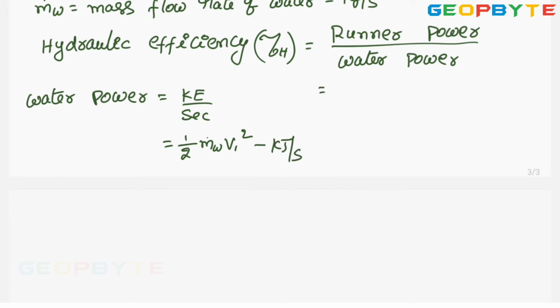Now the runner power, mass flow rate of water into VW1 plus or minus VW2 into U, divided by half into mass flow rate of water into V1 square. Mass flow rate is cancelled.